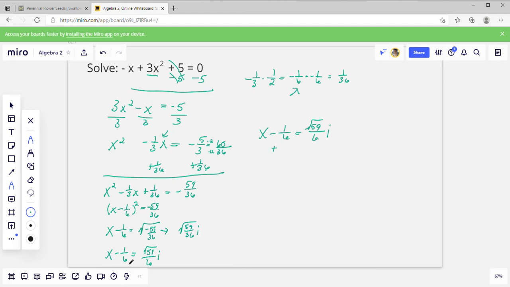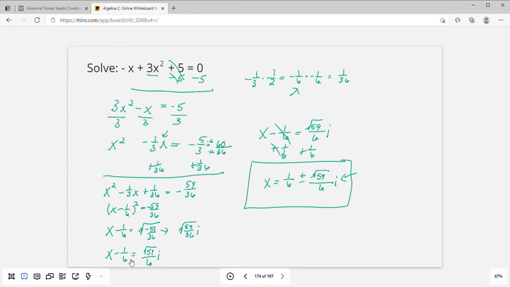So now we just add 1/6, and we get x equals 1/6 plus or minus the square root of 59 over 6 i. And there's the answer. So just like we've been doing with completing the square, but when you have a negative, you've got to use Euler's notation there. Euler's notation, however you say it.